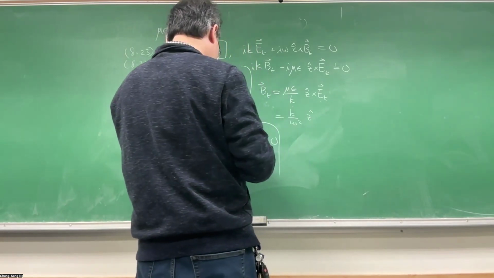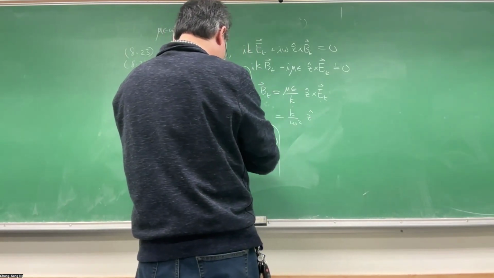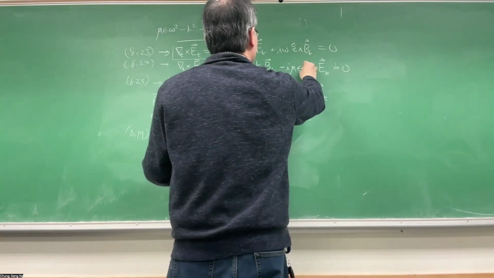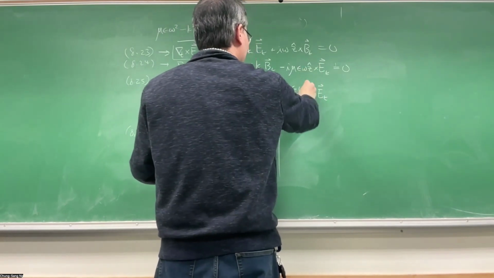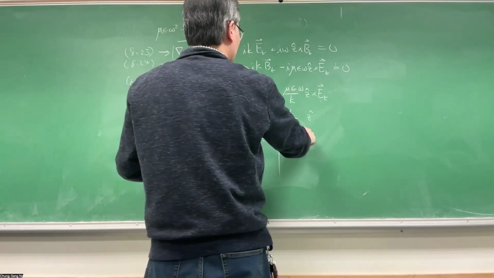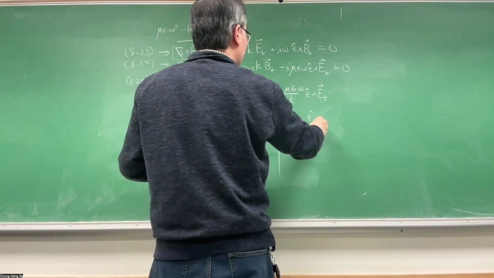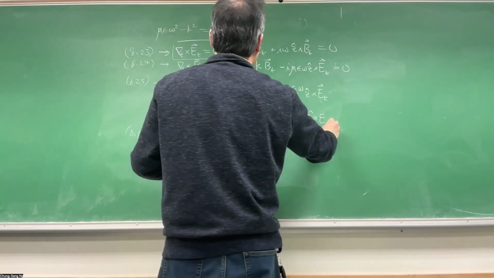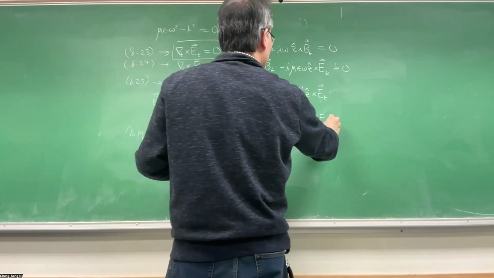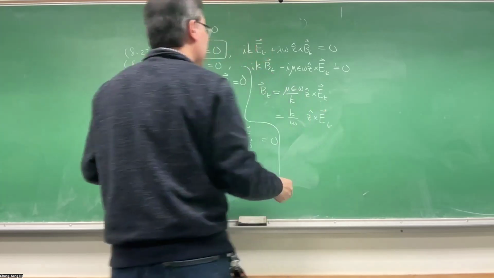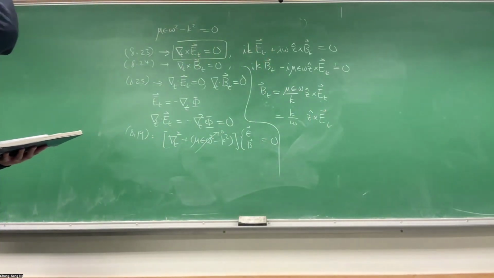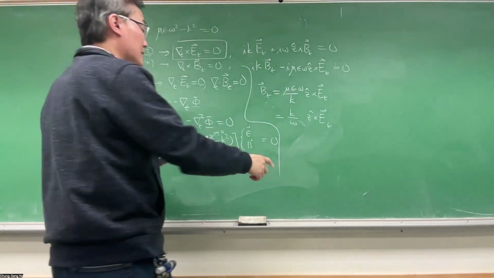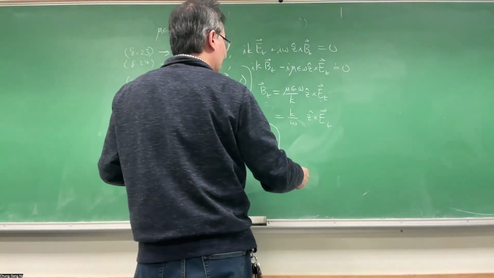That's omega here. So k over omega, just k. Okay, so that is the vacuum relation.